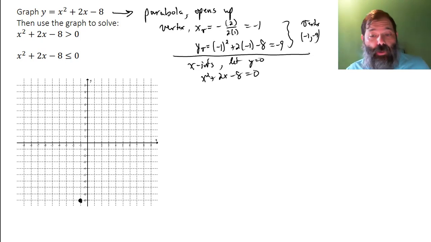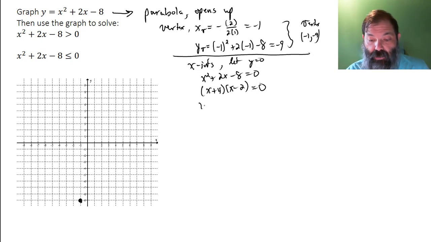Now here we can try factoring. We can always use the quadratic formula, but I think this one does factor. This factors as x plus 4 times x minus 2, because 4 plus negative 2 is 2, and 4 times negative 2 is negative 8.